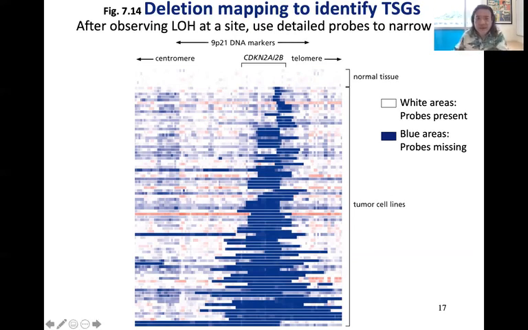So here is an example of deletion mapping to identify potential tumor suppressor genes. I don't remember what cancer this is looking at, but in this case, they've narrowed their search down to a region of chromosome 9, 9p21. As you go across from left to right, each one of these little dots is an individual probe. I think the way that it's color coded is actually the reverse of what you might intuitively think.